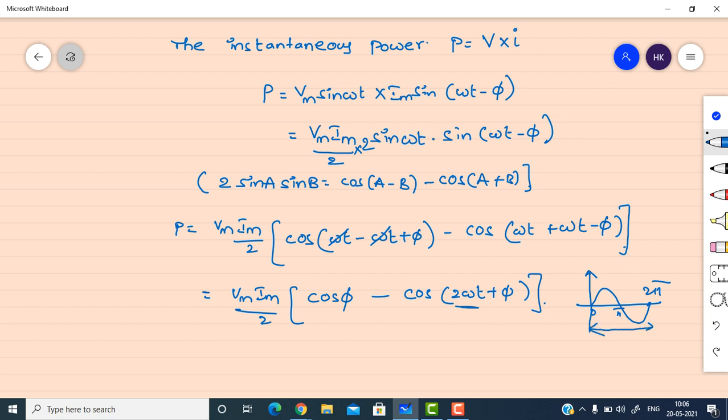If you find the average value for a full cycle, what is the value? 0. Why? Because one positive half cycle is there and similarly one negative half cycle. Those two are symmetrical, so they will cancel each other and the average value will become 0. So here cos 2ωt means this is for a full cycle, and the average value for a full cycle is 0.